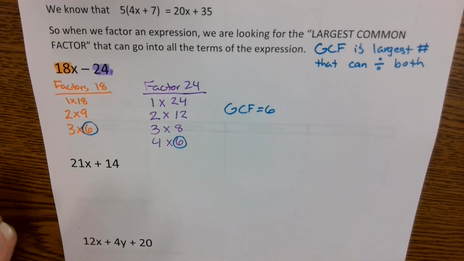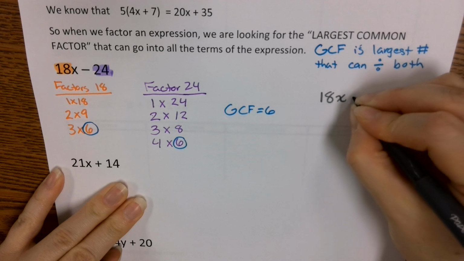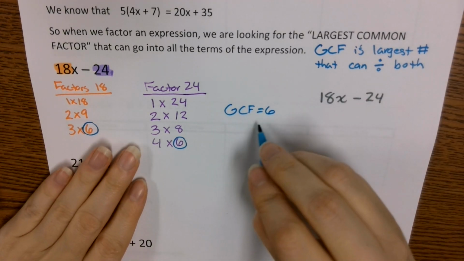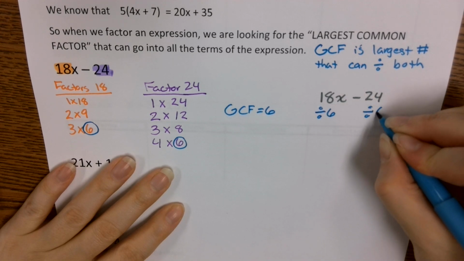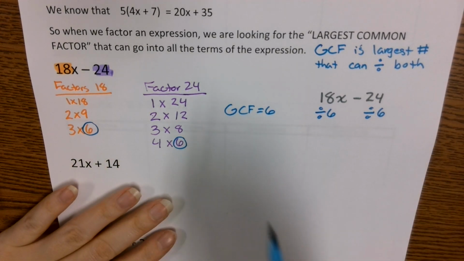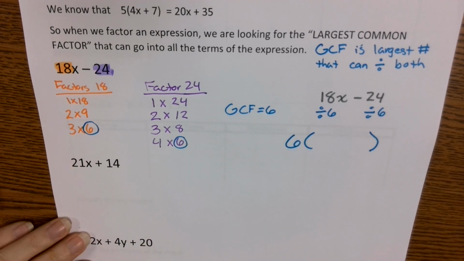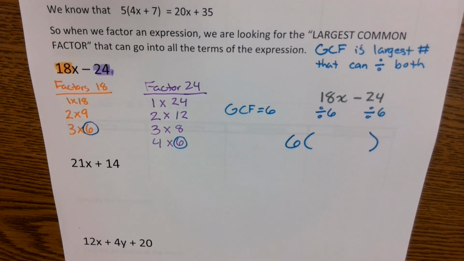So what I want to do is take these values, this 18x minus the 24, and I'm going to divide each of them by 6, because I'm going to pull that 6 to the outside of my parentheses. Now when I do 18 divided by 6, what is that going to leave me with?